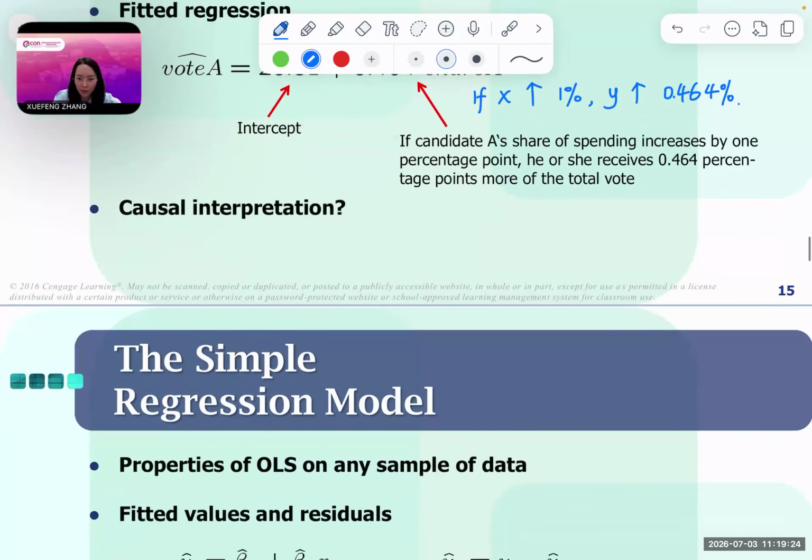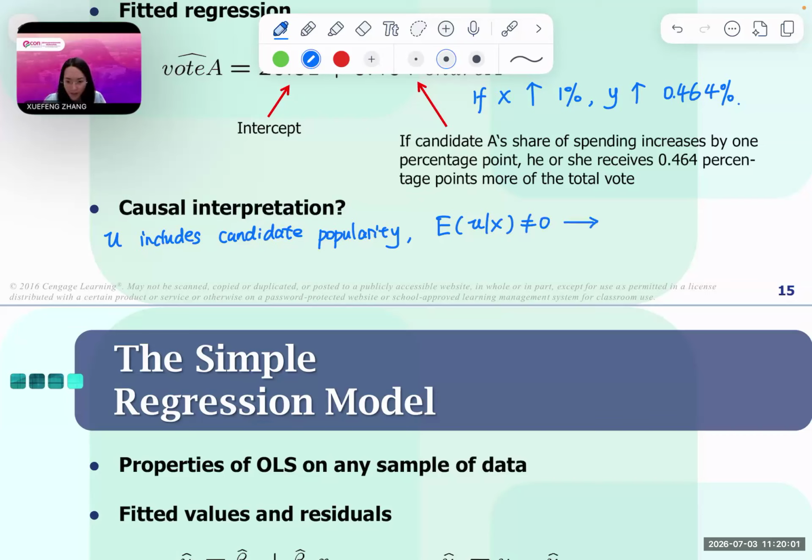So mu includes candidate popularity, which is related to share A. So here the same, our condition doesn't hold, doesn't equal 0, okay? So that means the causation is unclear.